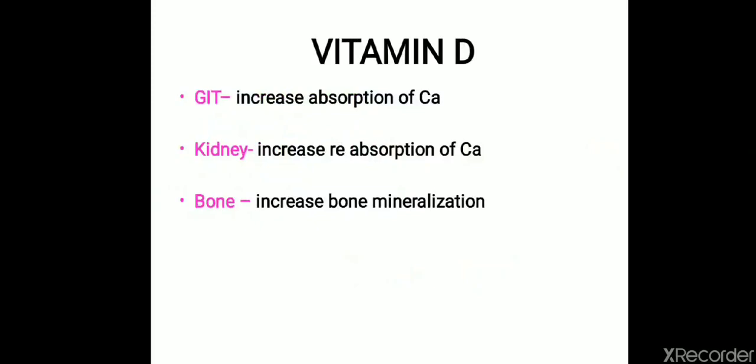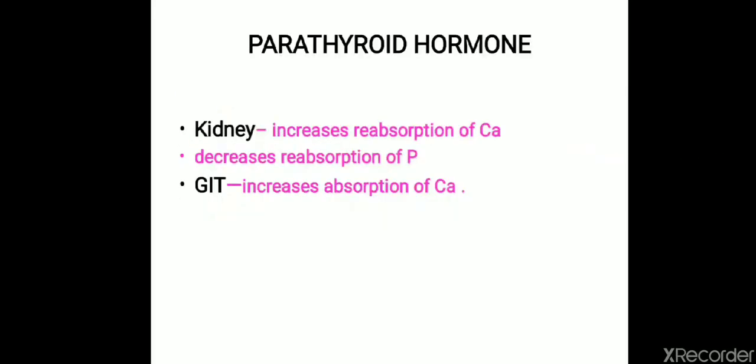Coming to the functions of vitamin D, it increases the absorption of calcium through the gastrointestinal tract. In the kidney, calcitriol increases the reabsorption of calcium through the renal tubule, and in bone calcitriol increases the bone mineralization process. So the net effect of vitamin D is to increase blood calcium level.